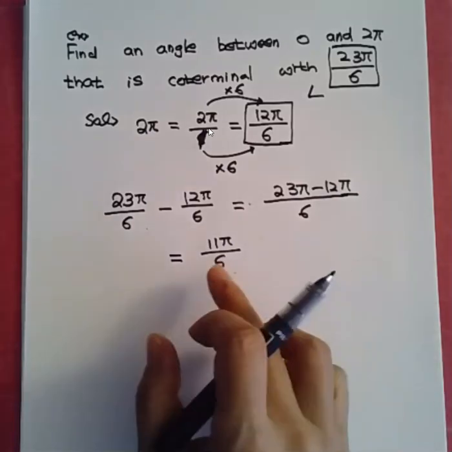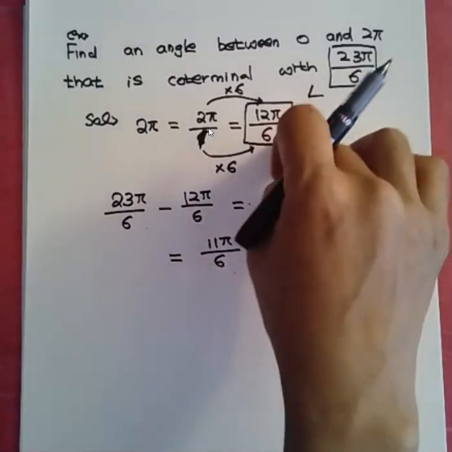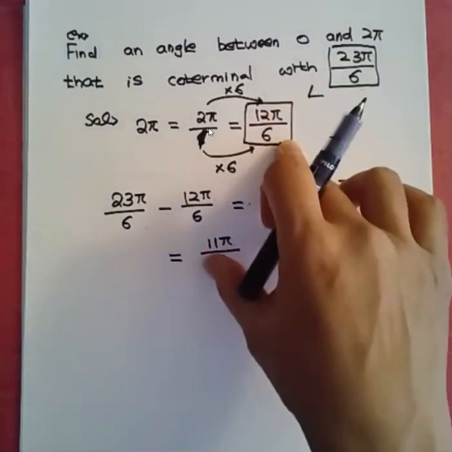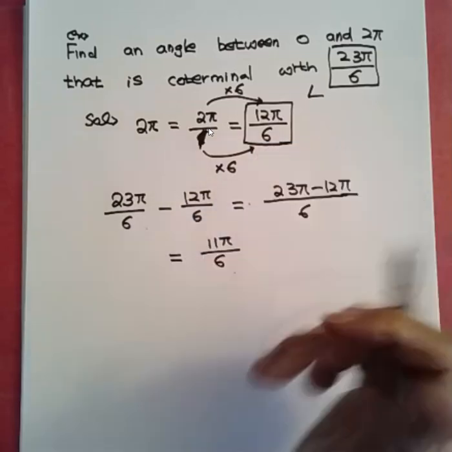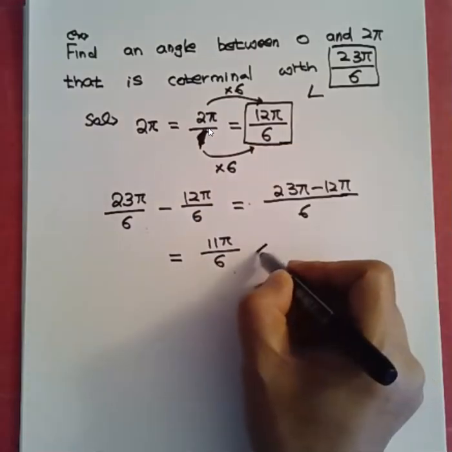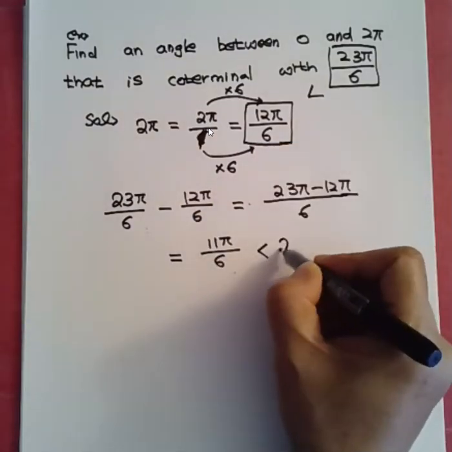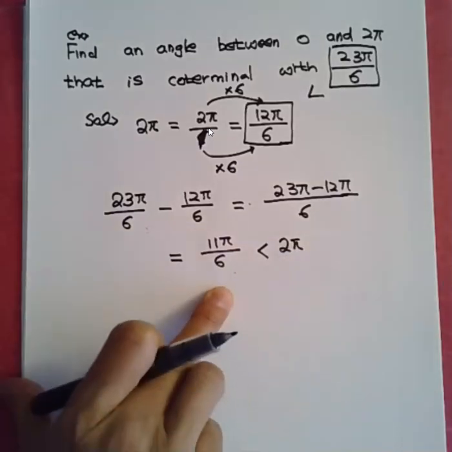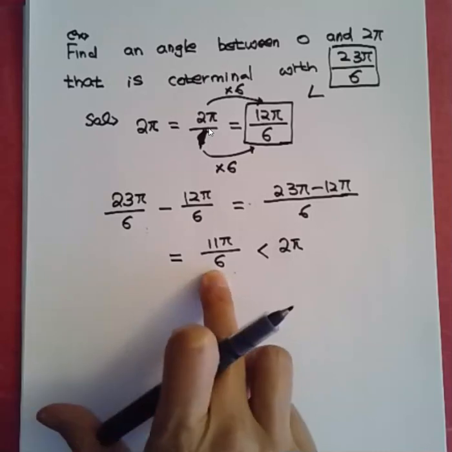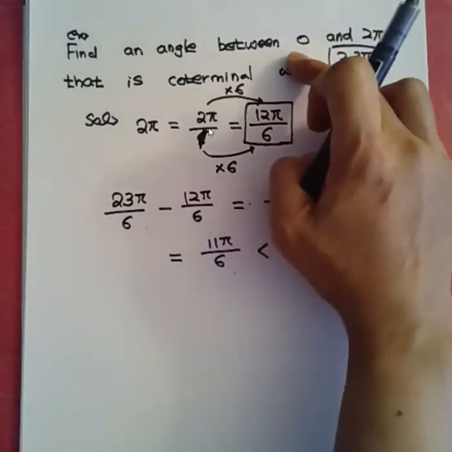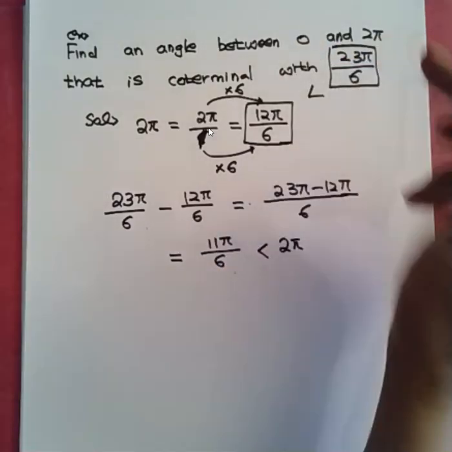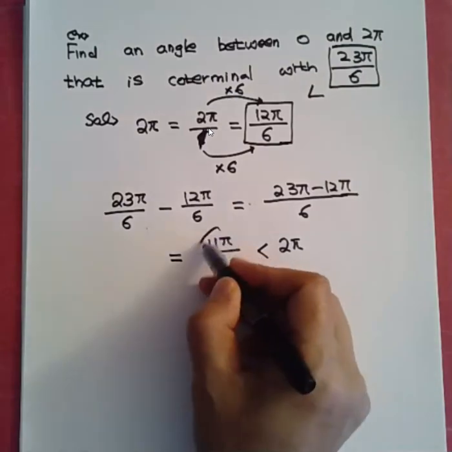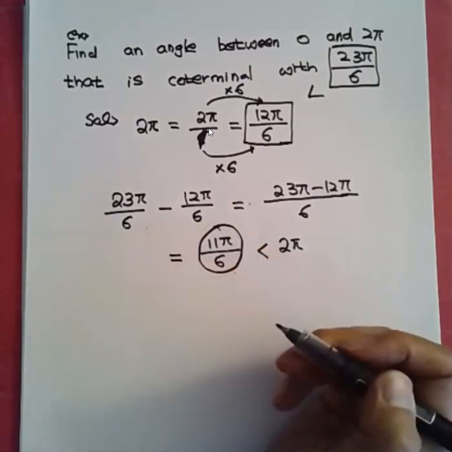When we compare 11 pi over 6 with 12 pi over 6, that is smaller. That means the fraction is less than 2 pi. It is a positive number, so that angle falls between 0 and 2 pi. So that is the desired answer.